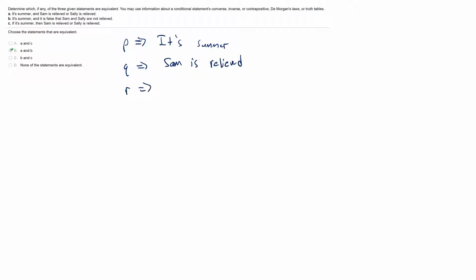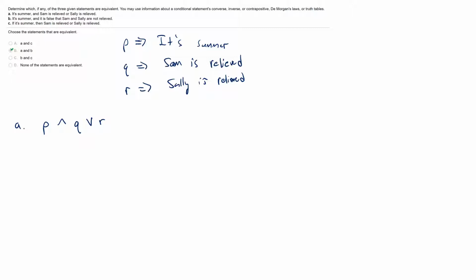And finally, R is going to be Sally is relieved. All right, so statement A says it's summer, so that would be P, and Sam is relieved, that would be Q, or Sally is relieved, and we have R.